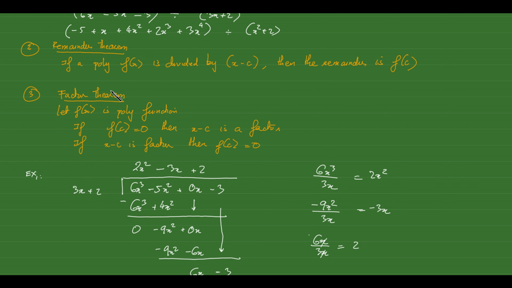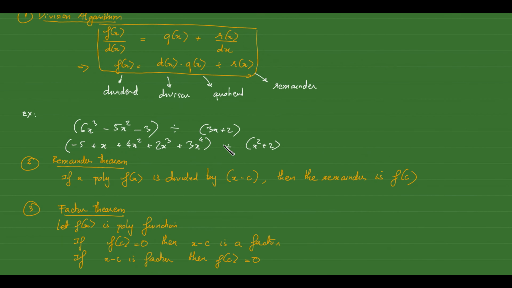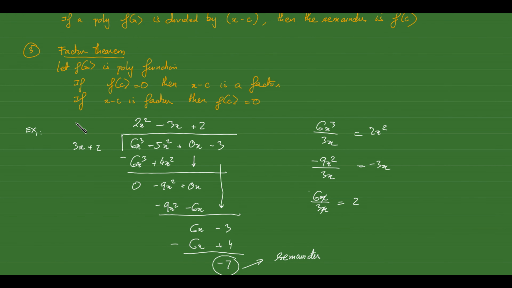So that's how you use long division, also called the division algorithm, to check if x minus c is a factor.